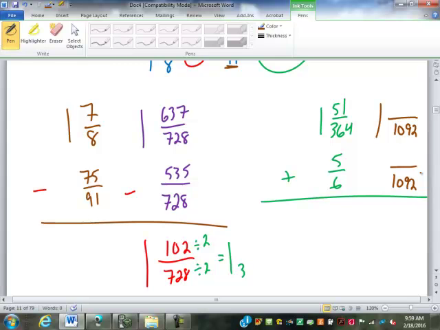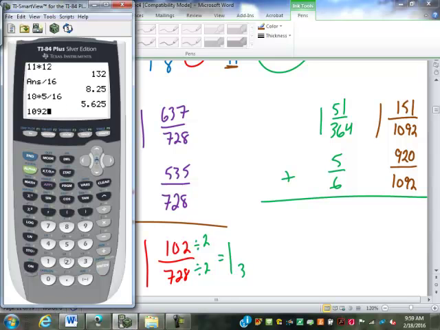Now, you do recall that yesterday I did tell you how to use your calculator if you have the fraction key. That makes these a little easier. So this is going to be, what, 151 over 1092? This is going to be, ouch, what is it going to be? 920, I think. 1092 divided by 6 is 182 times 5.